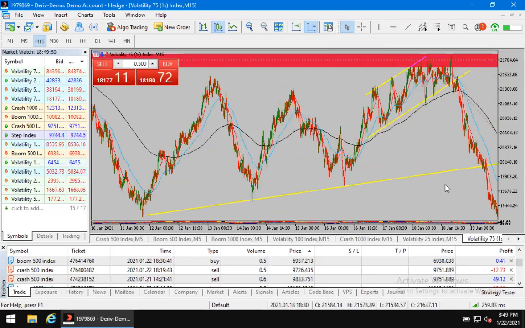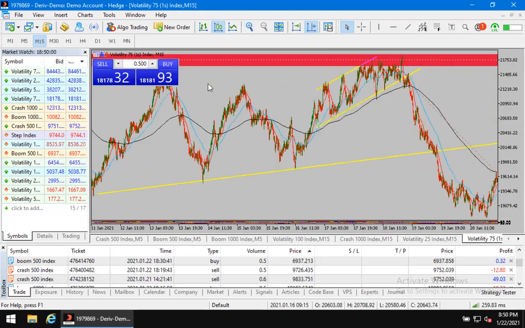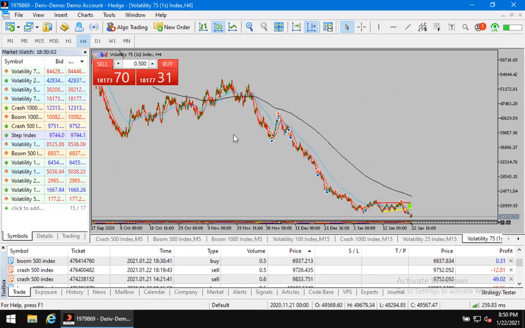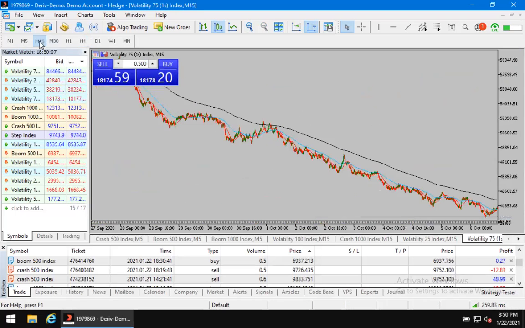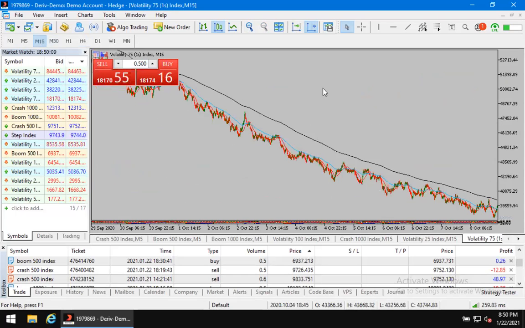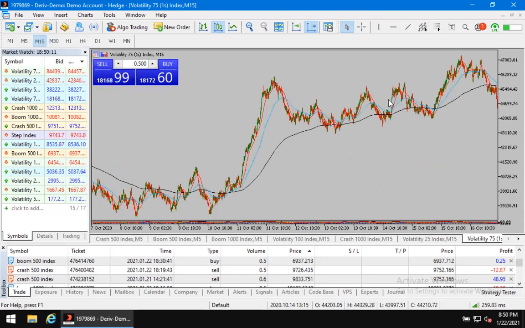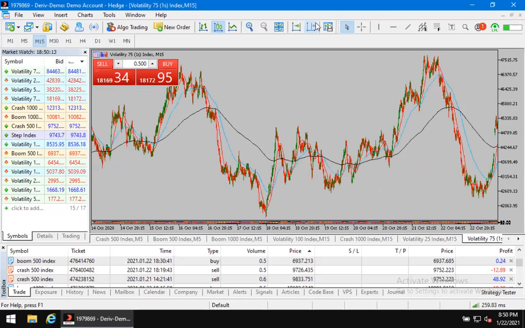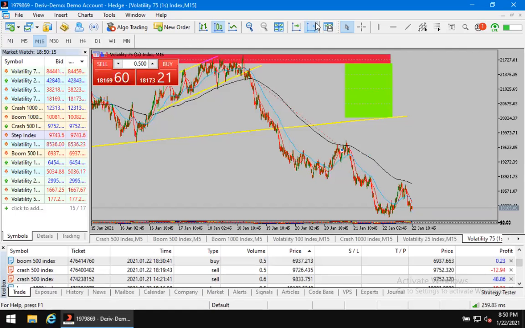Now, as you can see, this was my analysis that I was doing on my chart. So let me delete everything that I did here.